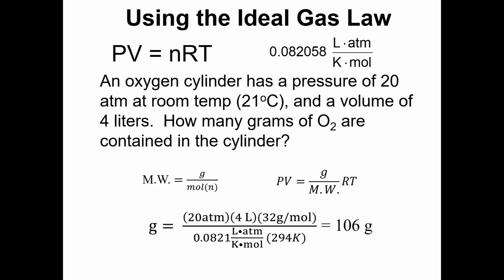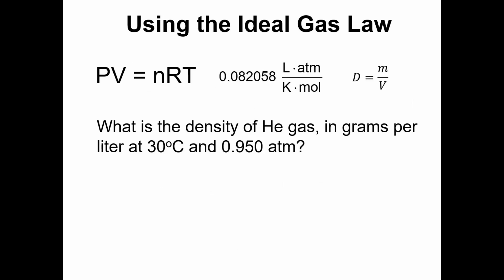Anyway, this is just what we just did, all worked out. But I could also ask you, what is the density of helium gas in grams per liter at 30 degrees and 0.950 atm, right? If I'm asking for density, I need to know mass over volume.